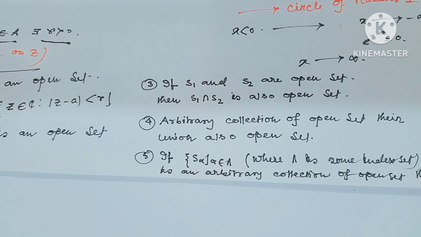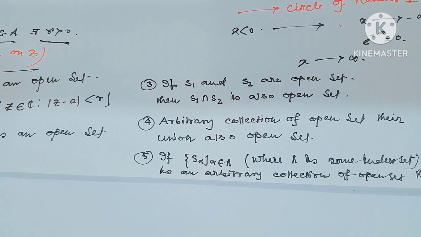Take an arbitrary collection of open sets, then their union is always open.